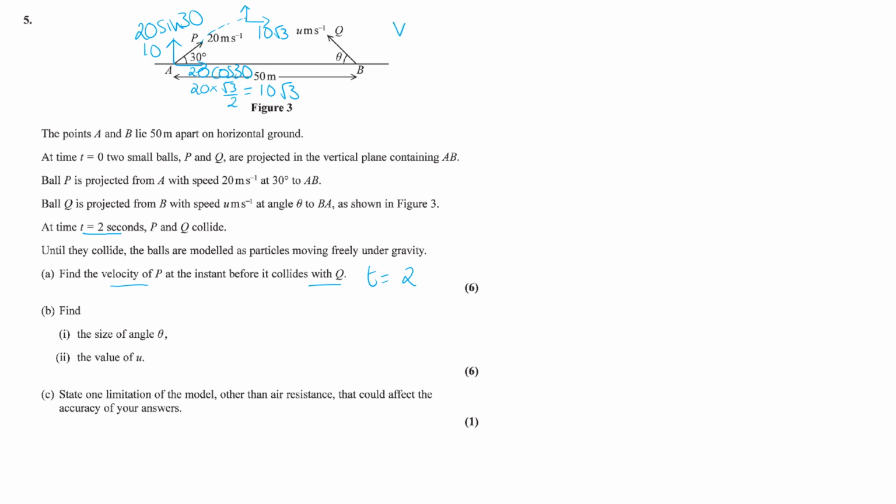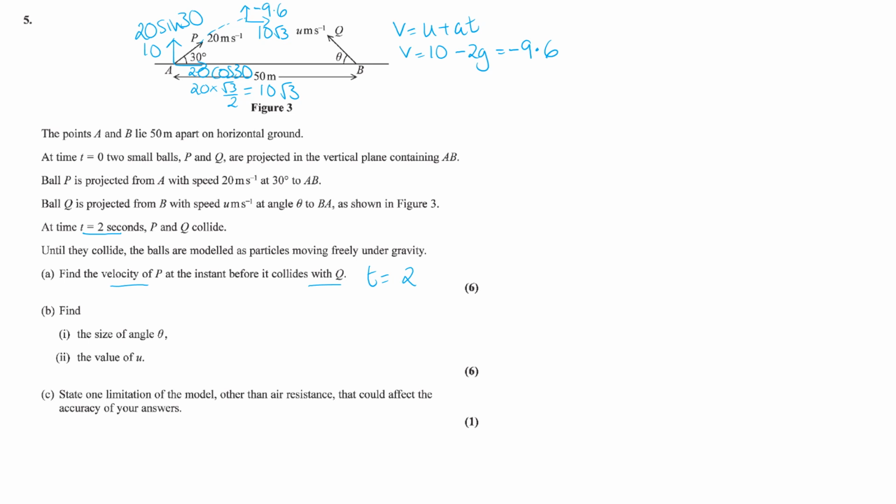So vertically V equals U plus AT, so V is going to be our 10, and then gravity is going to be minus G for 2 seconds, minus 2G, so that's going to be minus 9.6. So that will be the vertical component.